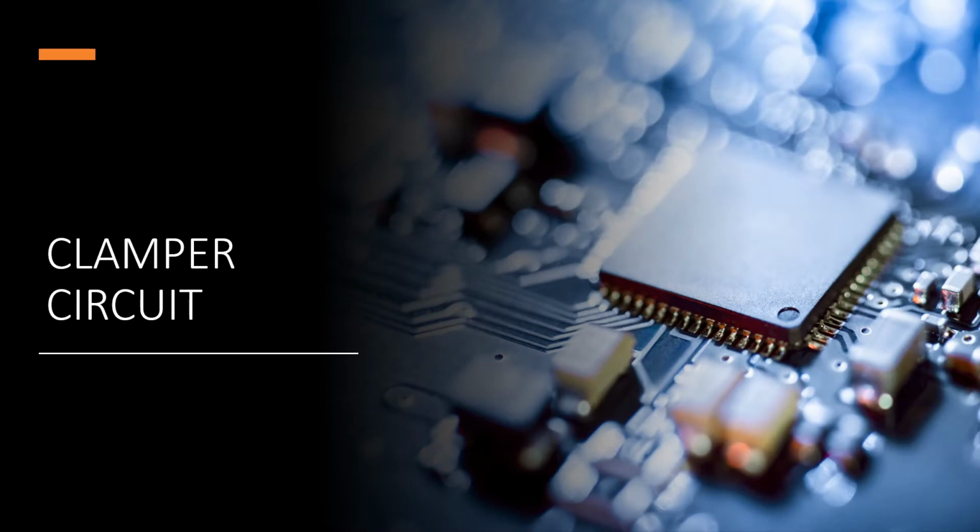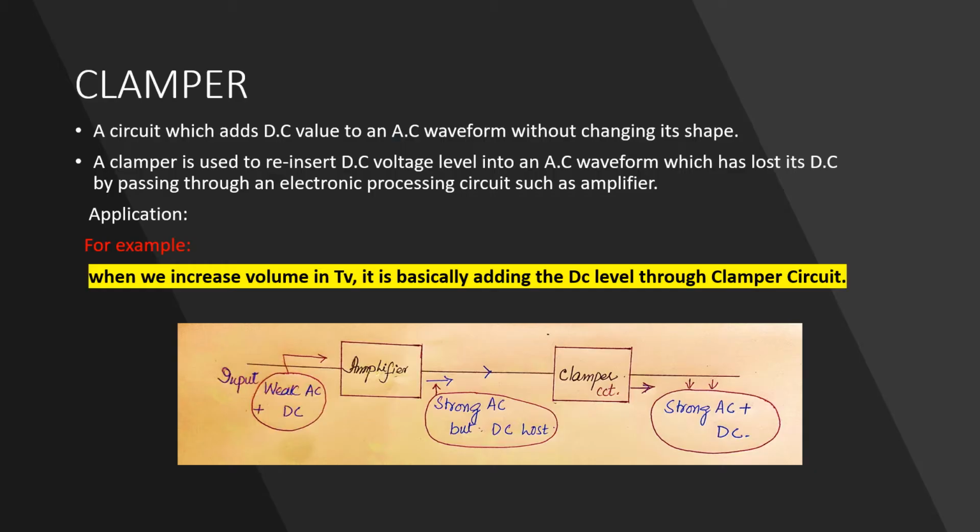Today is our ninth lecture and the topic is clamper circuits. A circuit which adds DC value to an AC waveform without changing its shape is called a clamper.